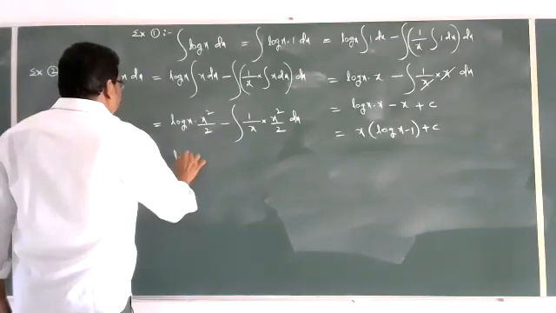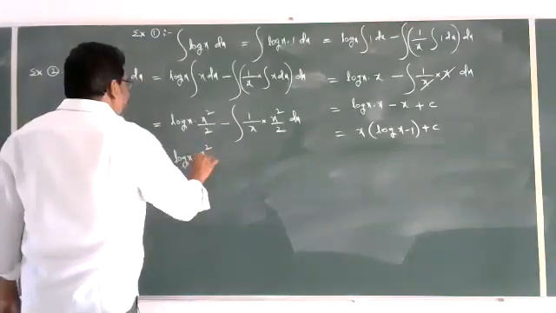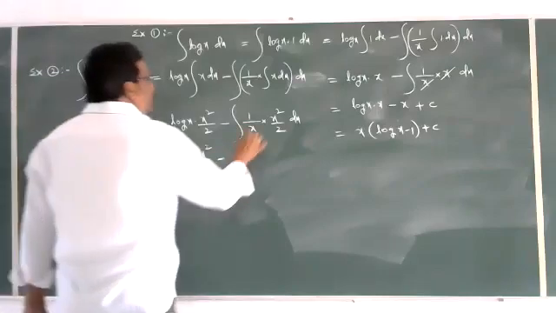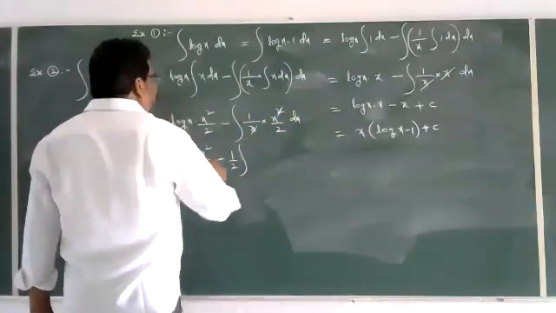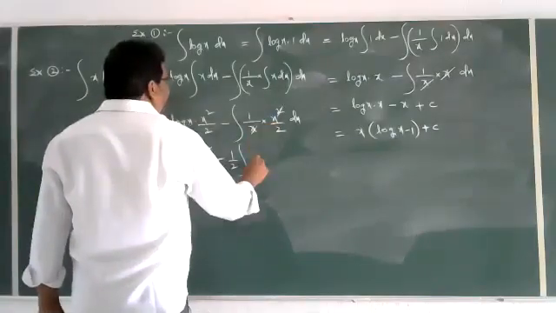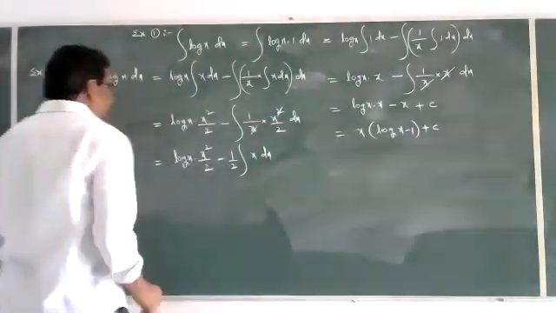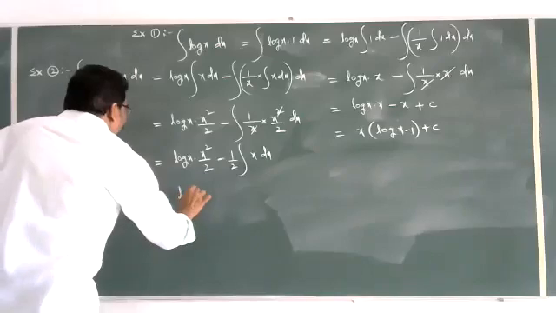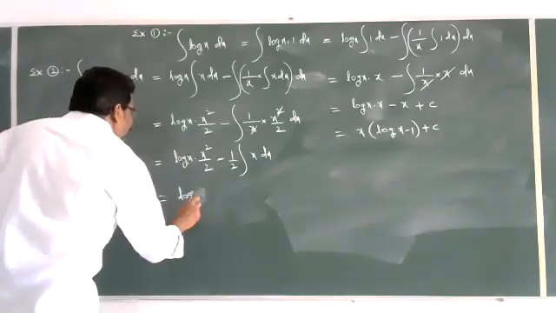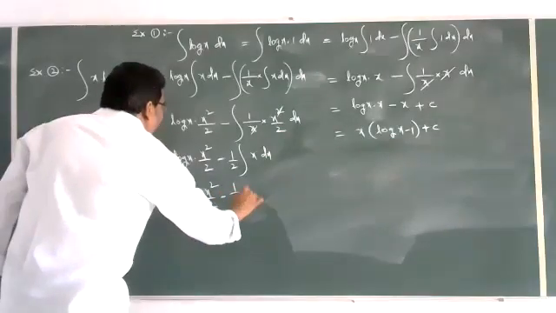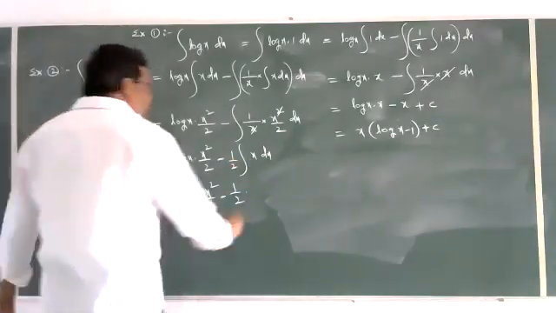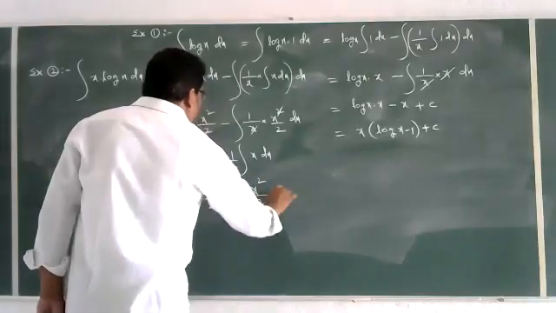That is equal to log x into x square by 2 minus, here x cancels, 1 by 2 constant written outside, then the integration of the other x. That is log x into x square by 2 minus 1 by 2 into the integration of x, x square by 2, plus c.